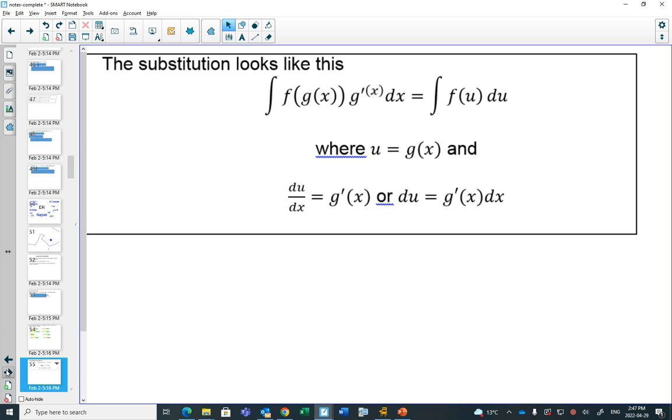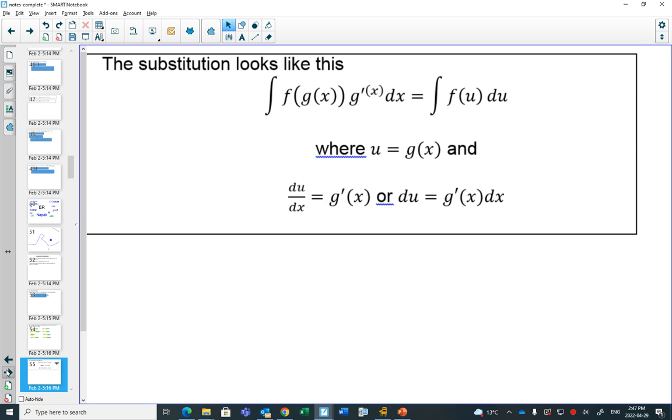Now, the notation is kind of messy, okay? And the notation is kind of funny because in our substitution, we tend to use the letter u for substitution.